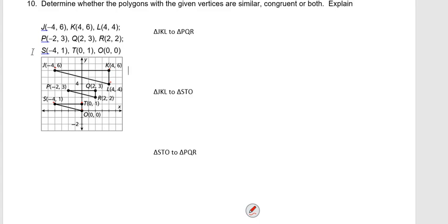However, this one looks like it's not only a dilation, but it's also a translation. So we can count our sides, 1, 2, 3, 4, 5, 6, 7, 8, again, 8 here, 4 here, 2 here, 1 here. So we can definitely say it's a dilation. So we can most certainly say that it's similar because it is a dilation.